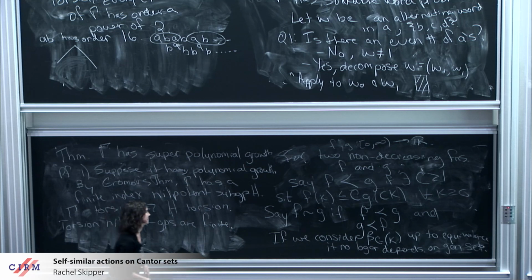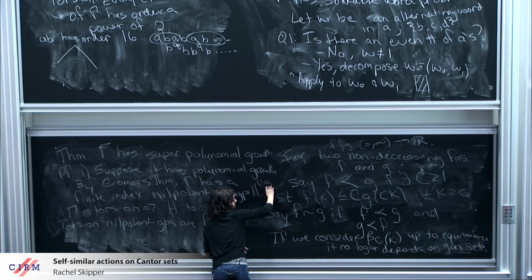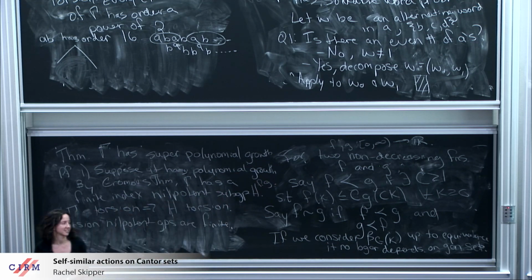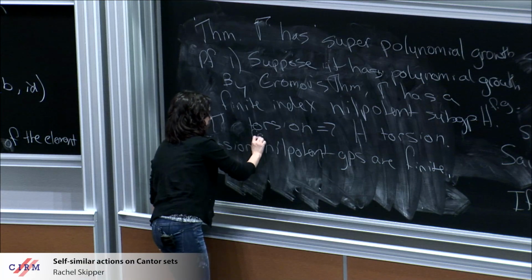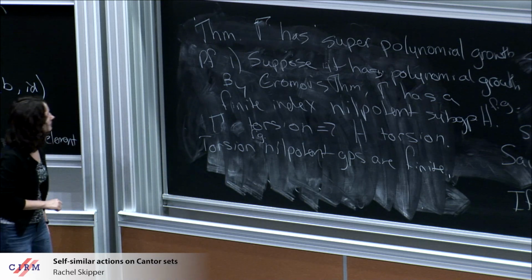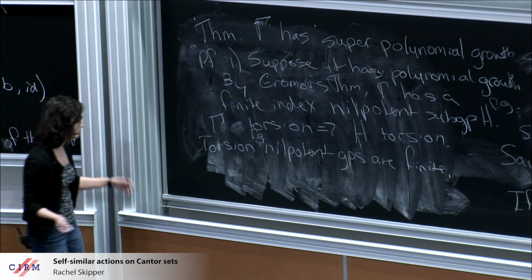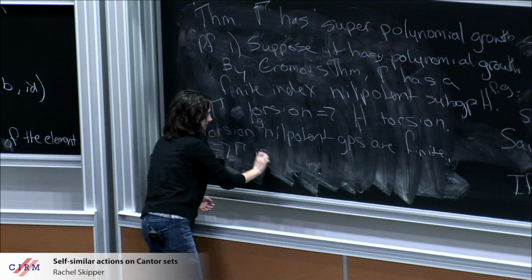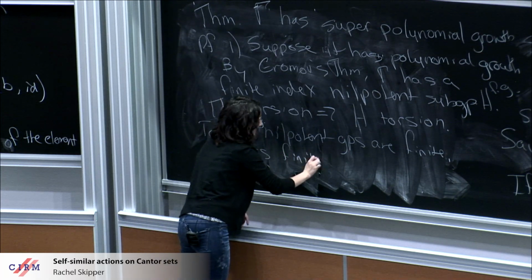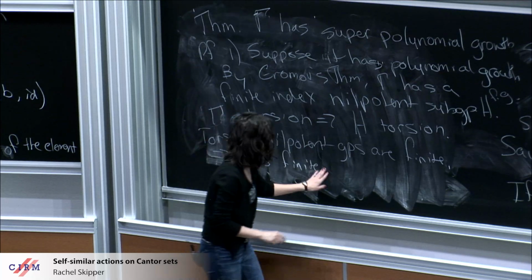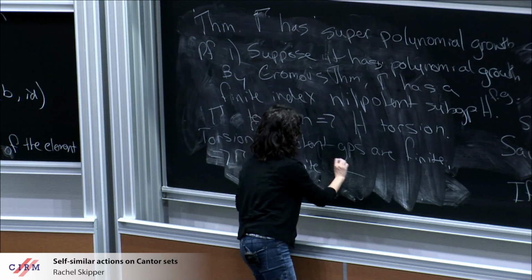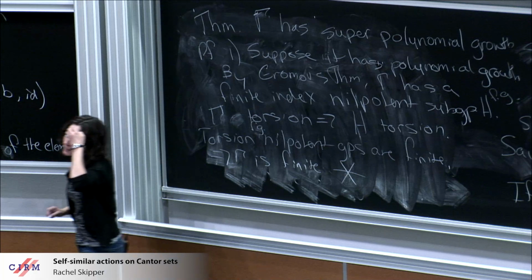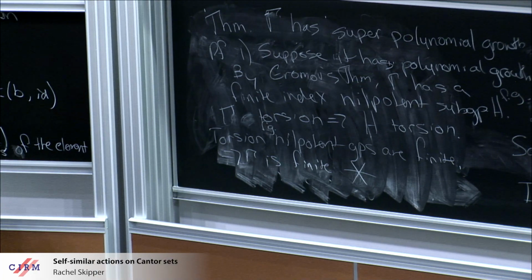I might need finitely generated here, but we do have finitely generated because it's finite index in a finitely generated group. So torsion, finitely generated nilpotent groups are finite. And that's our contradiction, because that would imply gamma is finite. I haven't proved to you that it's infinite, but gamma is finite is our contradiction. That's all we really need.